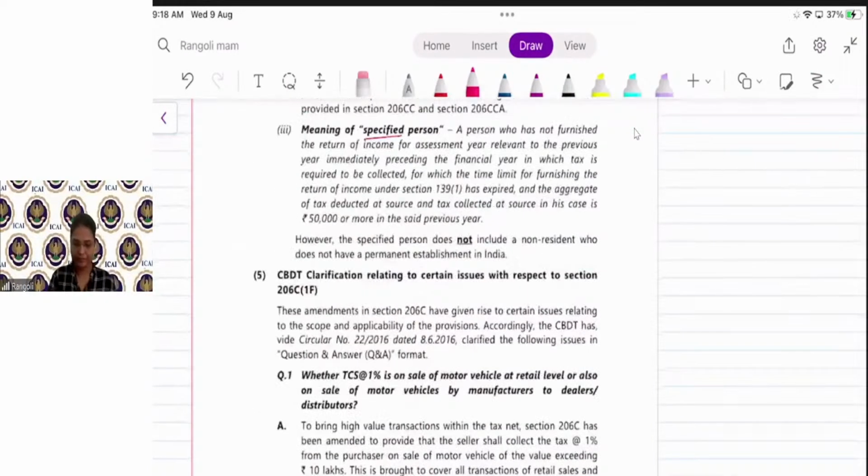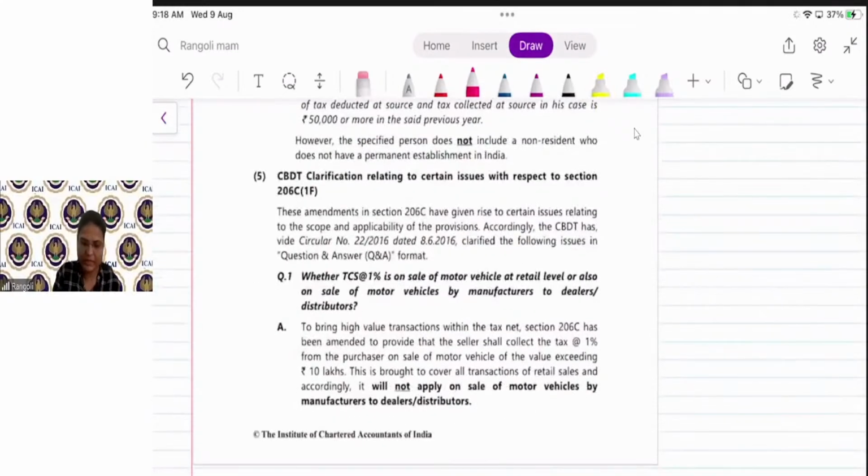Now certain guidelines and clarifications are given by CBDT. Let us discuss whether TCS at the rate of 1% is on sale of motor vehicle at retail level or also on the sale of motor vehicle by manufacturer to dealer or distributor. See what happens.